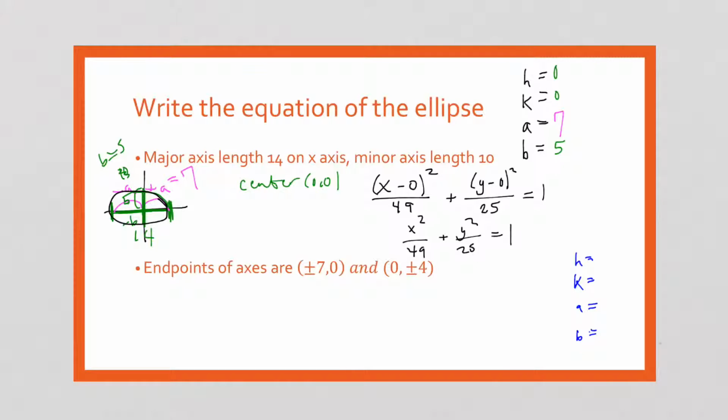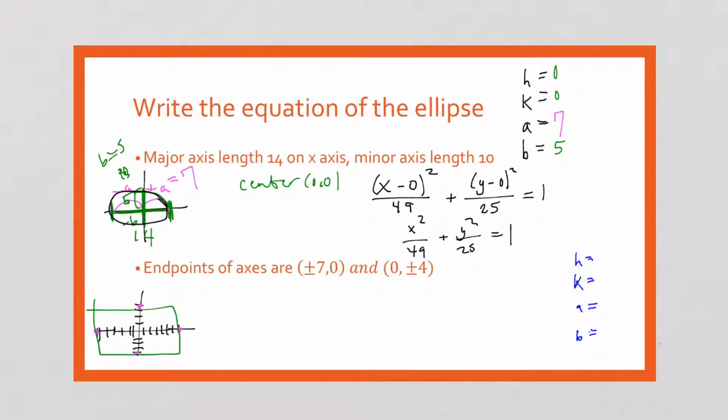If I think about drawing my picture, the endpoints of the axes are plus and minus 7, 0, so I have endpoints of my axis here, and then plus and minus 4. So I got points here and here. Which, if we think back to our box, that means my box goes like this.